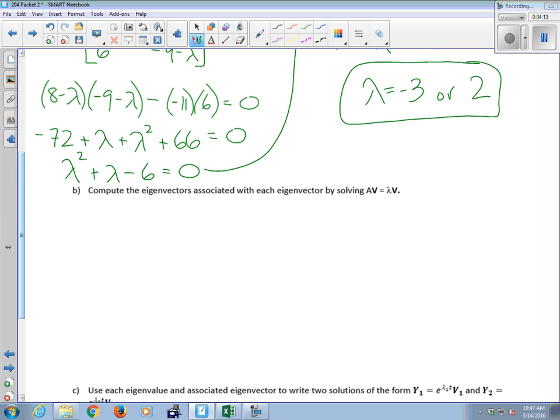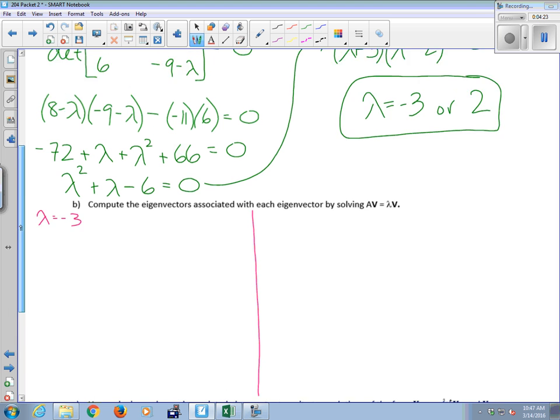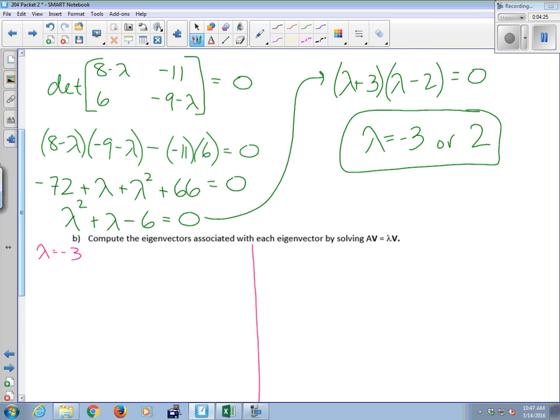So let's break that in half, and I want to solve AV equals lambda V using lambda is negative 3. So A was 8, negative 11, 6, negative 9, times some vector, my eigenvector, which is what I'm looking for.